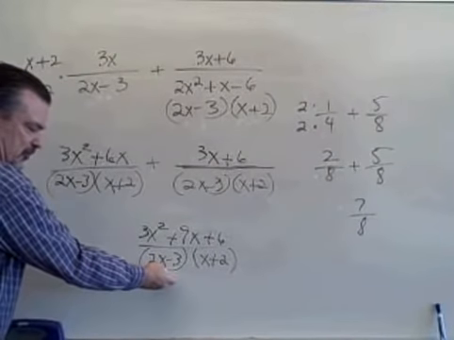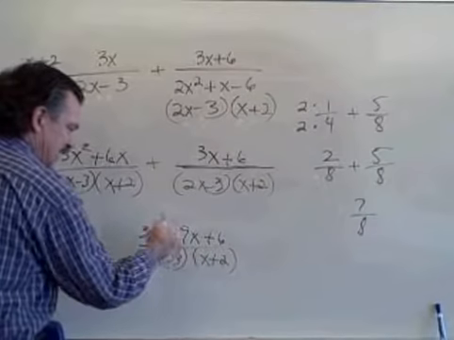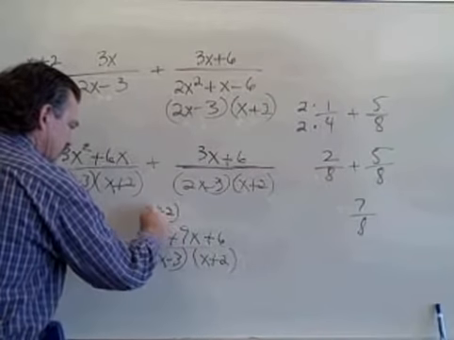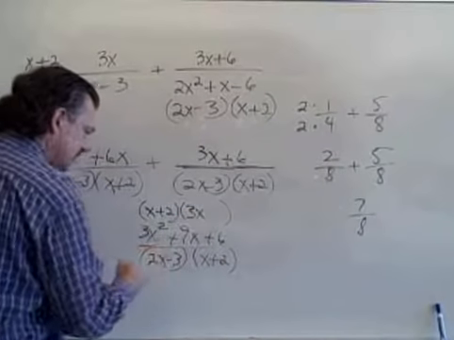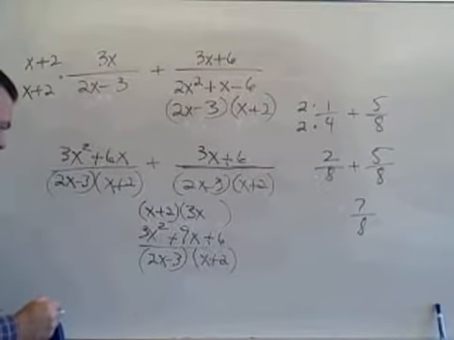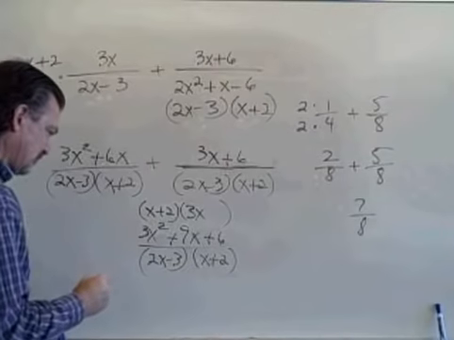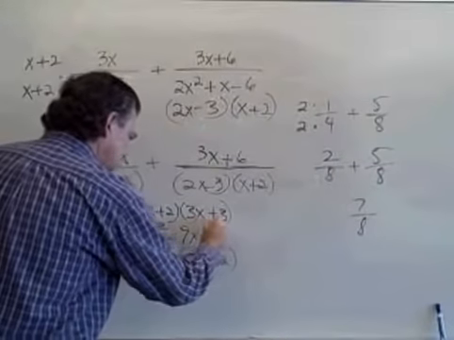Well, this binomial couldn't be a factor of it, but maybe x plus 2 could be a factor. If it was going to be a factor, I'd have to have 3x what? Plus 3.